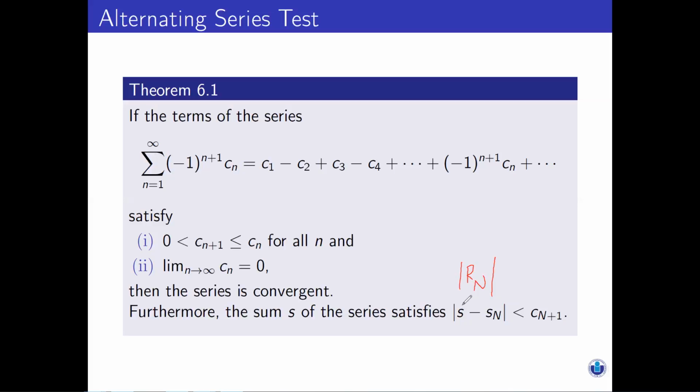So if you stop, for example, if you take this, so this gives you S4, right? If you stop at 4, then the value of the whole series minus S4 is less than the next term, so that is C5. Is this clear? The statement of the theorem is clear?